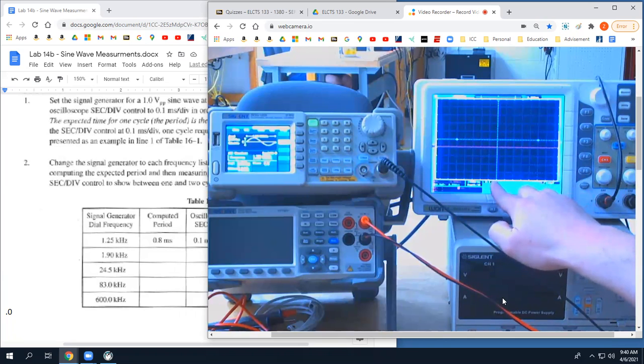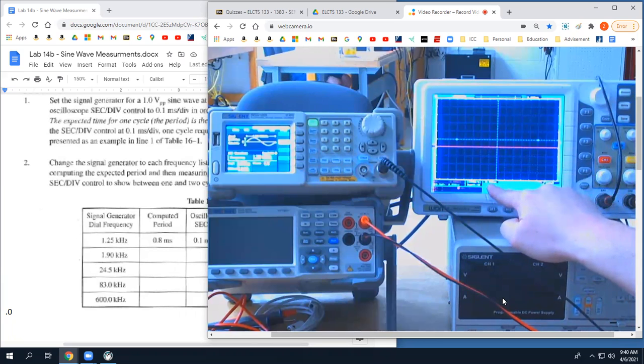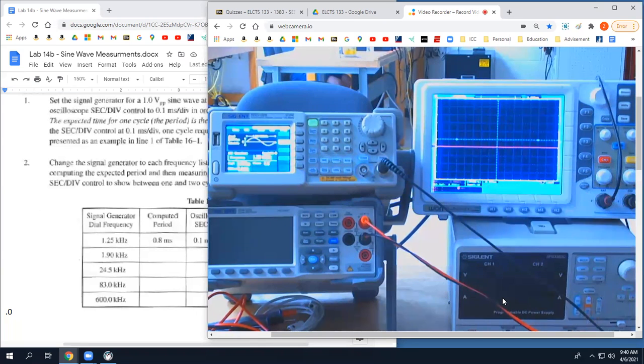I'm at 1.0 milliseconds. 0.1 milliseconds per division, right? So that'd be 100 microseconds per division. The expected time for one cycle or the period is the reciprocal of 1.25 kilohertz, which is 0.8 milliseconds.